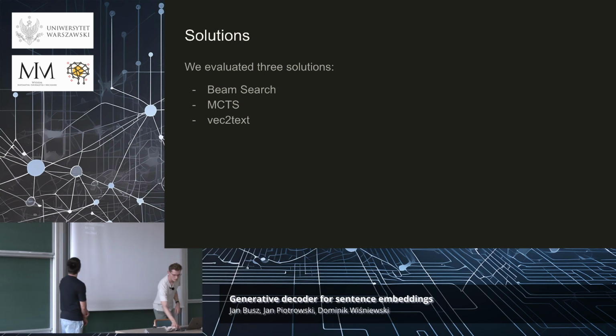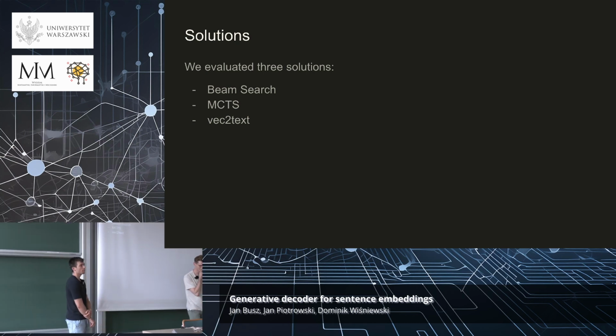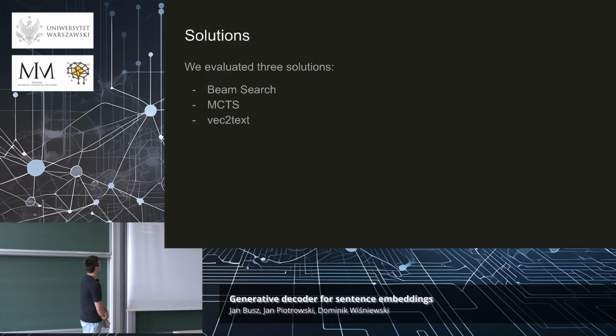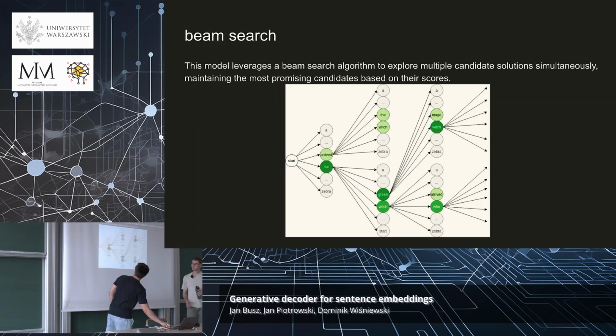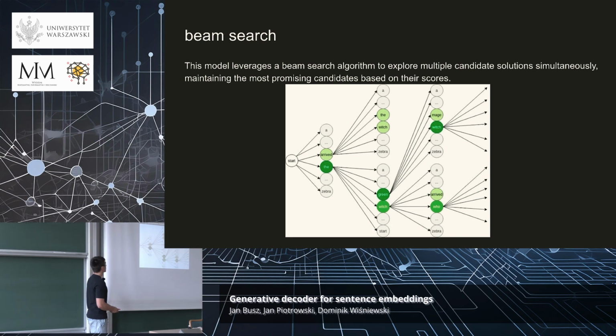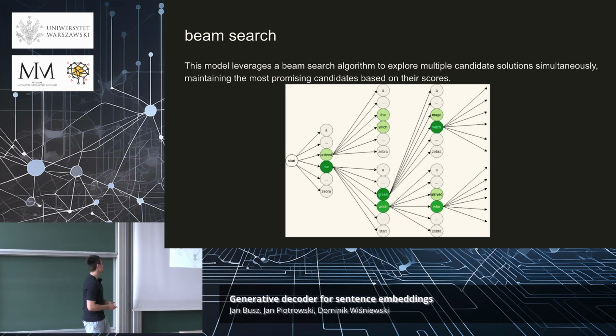Okay, so we evaluated three solutions to this problem. Let me remind you that what we need to do is find the text which represents a vector similar to the given vector from the embedding space, and we measure the similarity, as usual in semantic embedding models, with cosine similarity. Let me start with the first solution, which is beam search. It's a very classical algorithm.